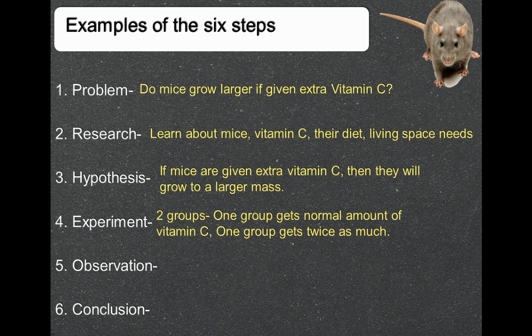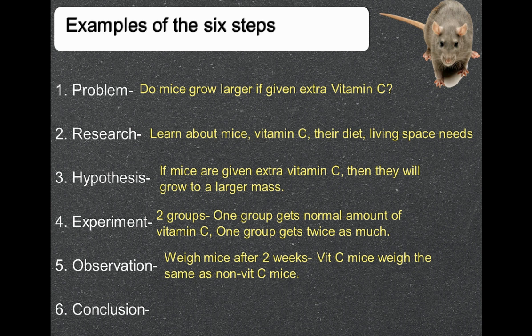How can we be specific, Alan? Yes. I'll be measuring the mass of these mice. That's the data I'm going to collect. Maybe after 2 weeks, I find the mass of these mice. And let's say, as an example, the mice that got the extra vitamin C were about the same mass. That's my data I'm collecting.